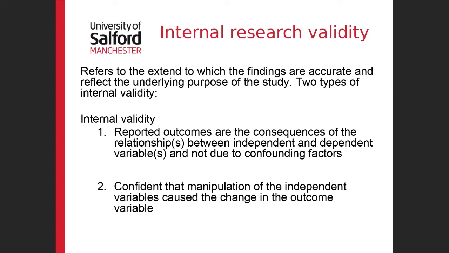The first is that the reported outcomes are the consequence of the relationship between the independent and the dependent variables and are not due to confounding factors. One of the examples I gave before was this idea that you could do a coronavirus trial, not randomize people properly, have lots of younger people in one group and lots of older people in another group, and then you'd get a difference between the groups which wasn't due to the vaccine, but was actually due to the fact that you've got this confounder of age influencing your findings.